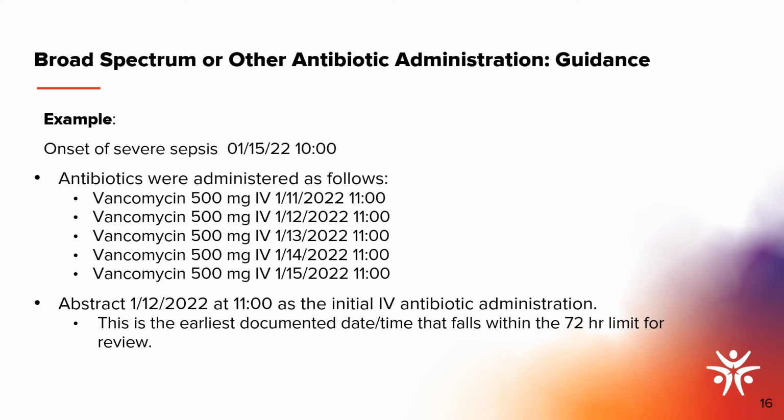So at this point, what we do is take the 1/15, 10 o'clock, which is the onset time, and count back 72 hours. In this case, the 1/12/22 at 11 o'clock is the initial IV antibiotic administration. This is the earliest documented date and time that falls within the 72-hour limit for review.